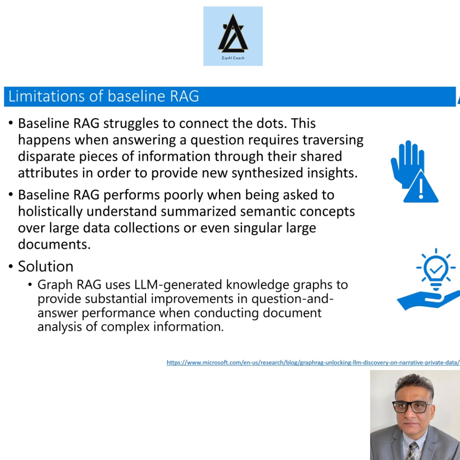But sometimes it has been observed that baseline RAG struggles to connect the dots. You have provided a context, but the data is dispersed across the documents on which you are doing the retrieval.